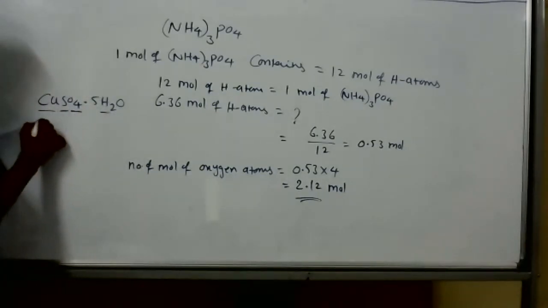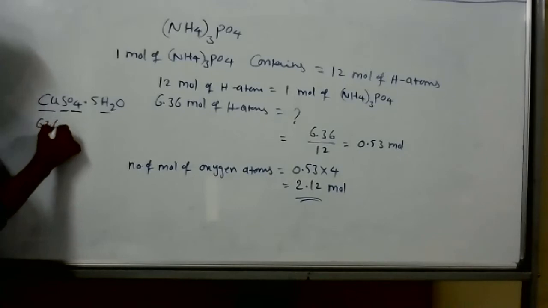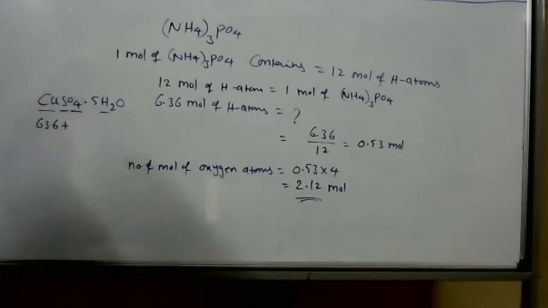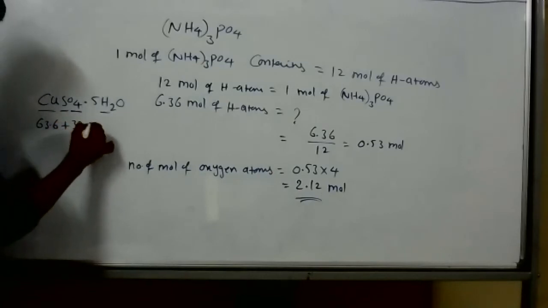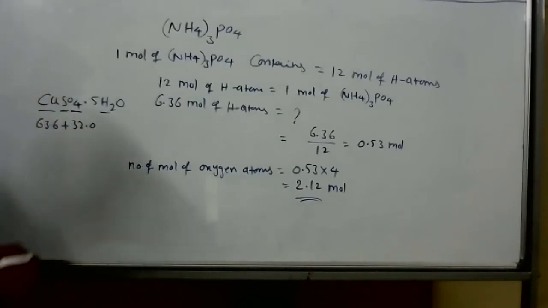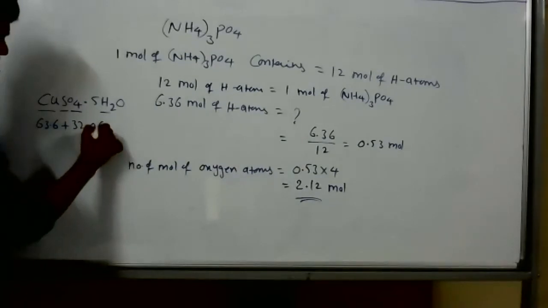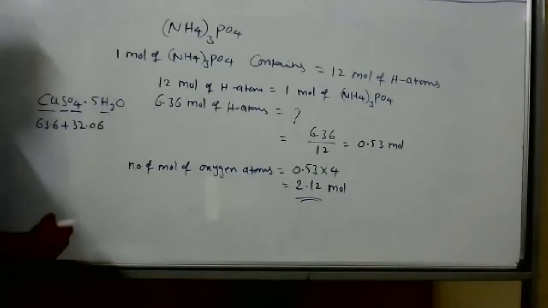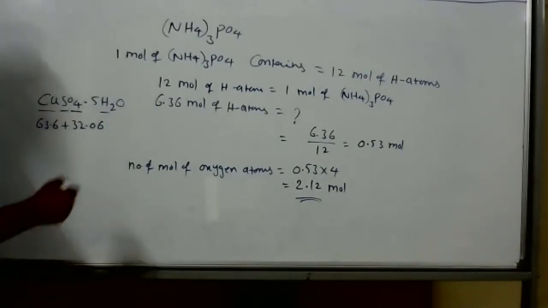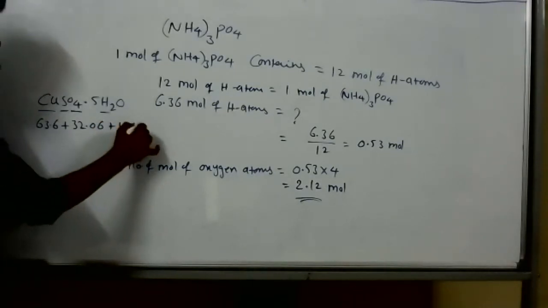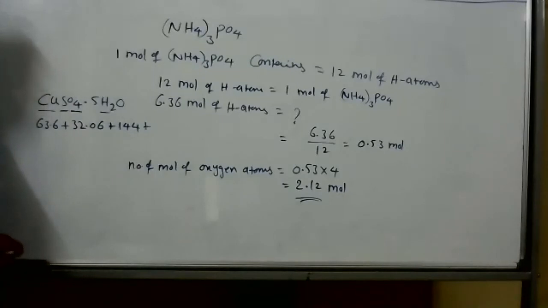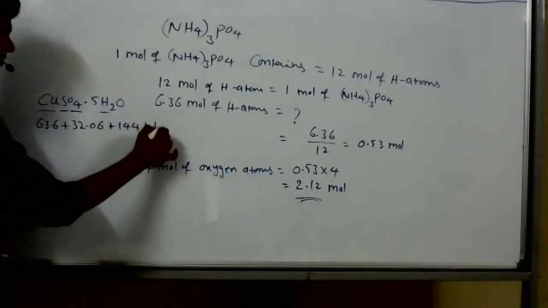So mass of copper is 63.6 is given, right? Yeah, and sulfur is 32.06, and oxygen 4, and here 5 oxygens. Total 9 oxygens. 144, plus 10 hydrogens.